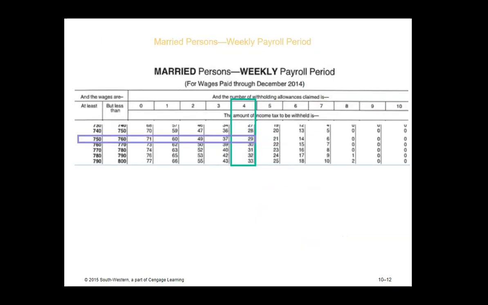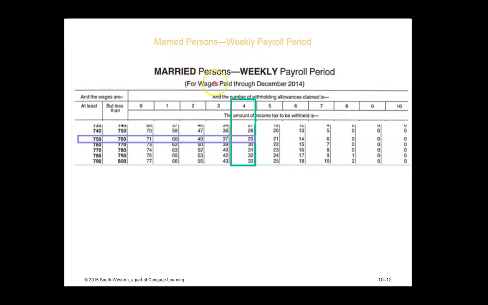And so a separate table again is used. It really depends whether they're single or married, and make sure that you're aware of their payroll periods, as the text has different tables for different pay periods and different filing statuses, whether they're single or married.